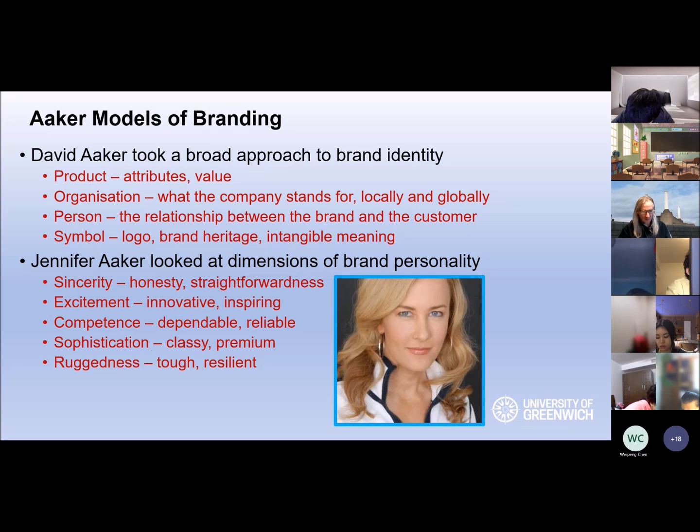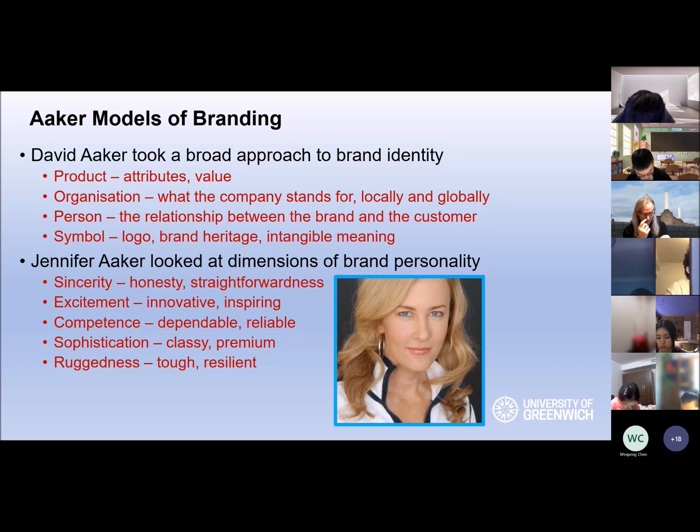Okay, Jennifer Aaker, though, she looks more at the brand personality. So she thinks a brand should have sincerity, so it should appear honest and straightforward, have a sense of excitement about it, so it's innovative. It should appear competent, so you can rely on it, sophisticated, and also rugged. And you can think of them actually as dimensions.